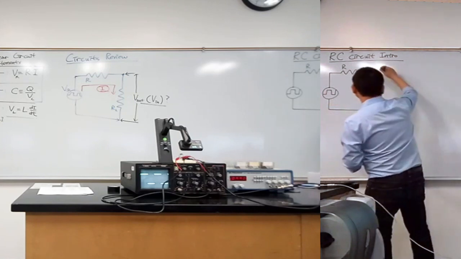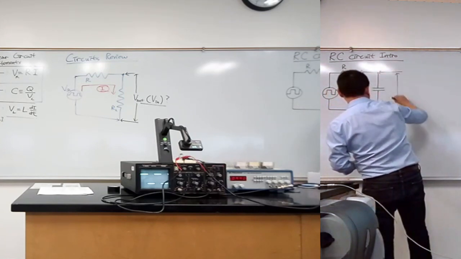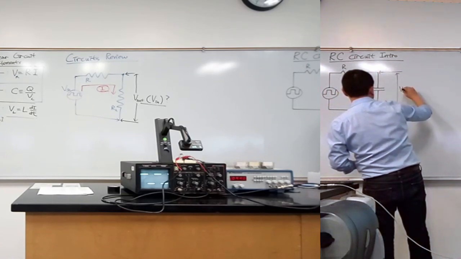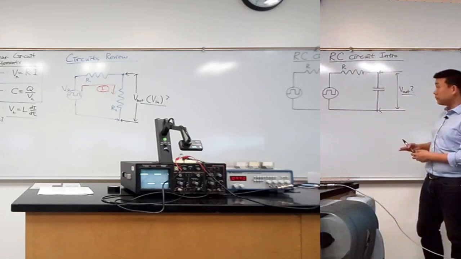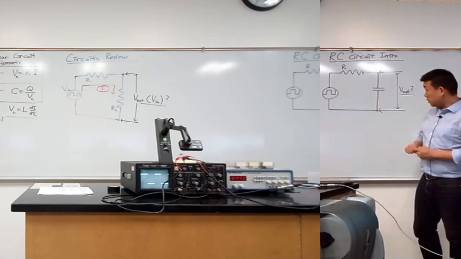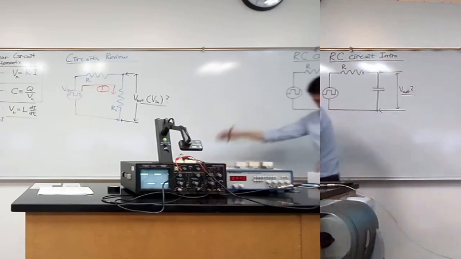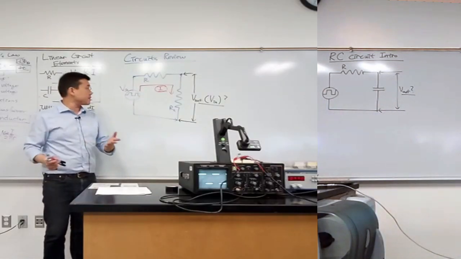And my question will still be the same. What is this output voltage, V out, in terms of whatever parameters that we decided then will be sufficient to describe this? Okay?